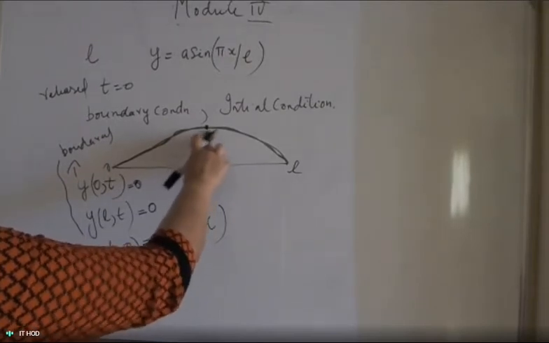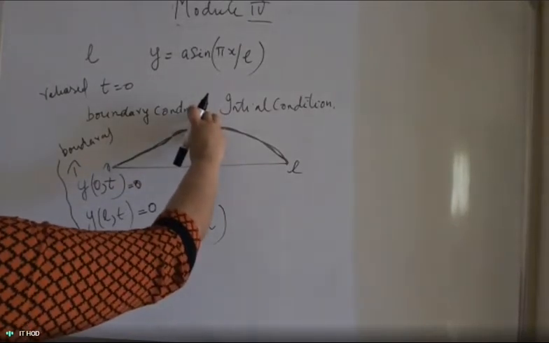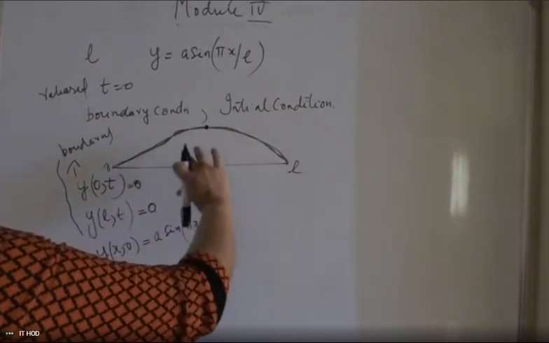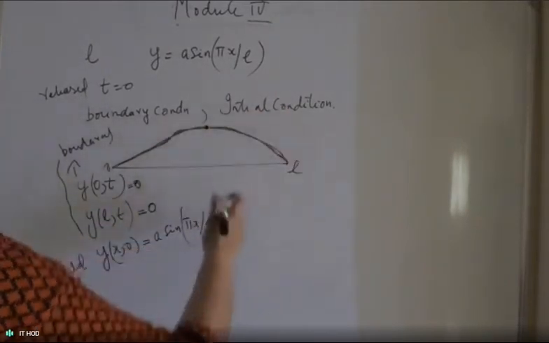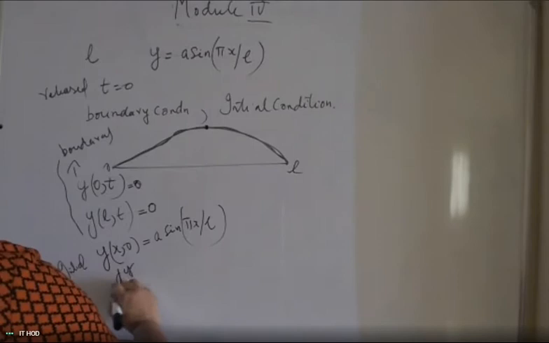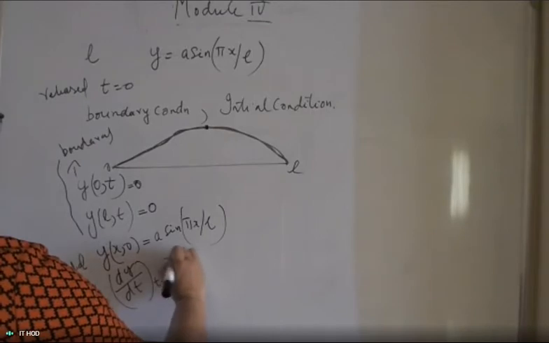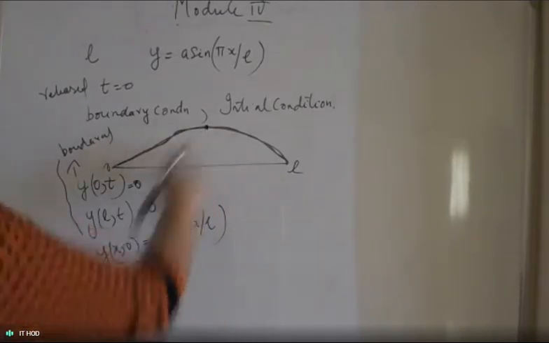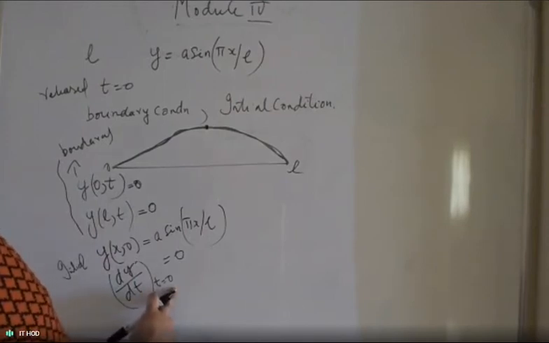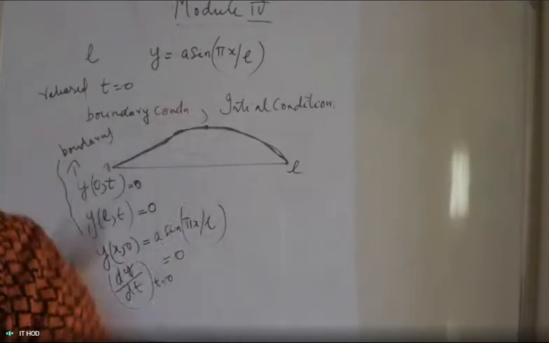The velocity, that means dy by dt, at t equal to 0 will be 0 because the string is in this position. There is no change in the velocity. So dy by dt at t equal to 0 is also 0.